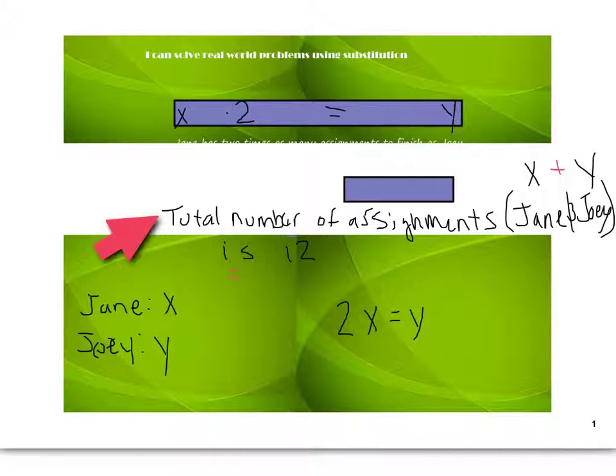So if you take a look at what we've got here, we've got Jane plus Joey equals 12. We've got our equation right there: X plus Y equals 12. If we think about what this means, X is the number of assignments that Jane has finished. Y is the number of assignments that Joey has finished. Both of those added together is 12.